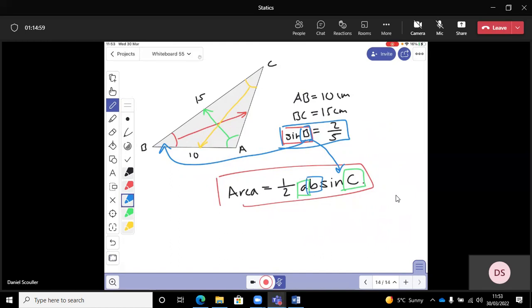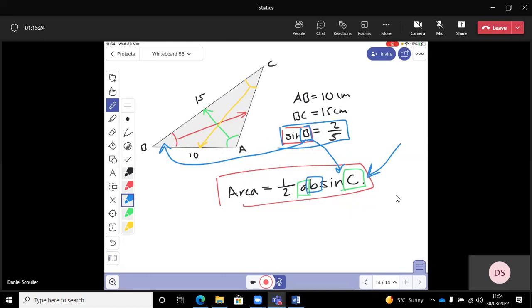But we want to put sine B where that says sine C. Again, the letters in the question will very, very rarely be the same letters used in the standard format. The standard format you're given on the formula sheet at the front of the paper, the letters won't always correspond.